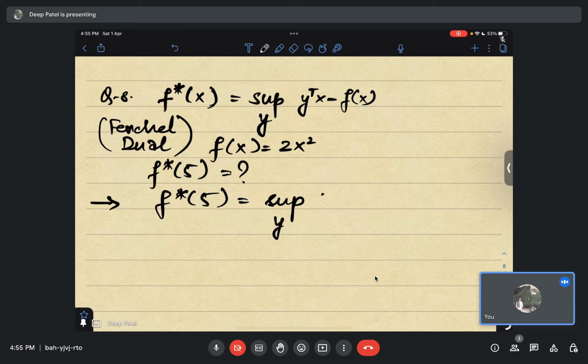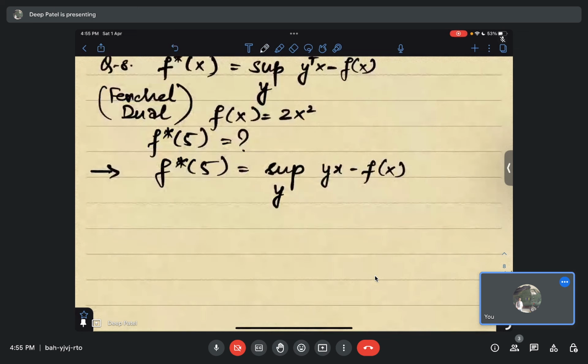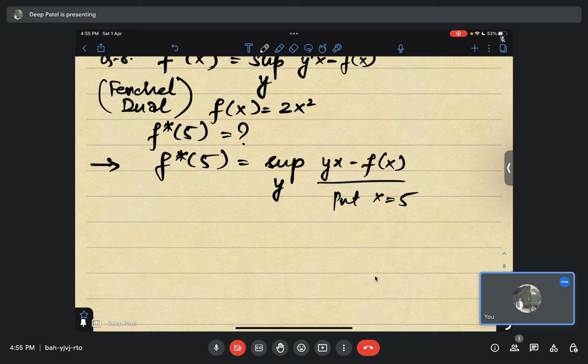Okay, so you have yx minus fx, and here you put x equals to 5. So what do we get? 5y minus, what is it? 5 it's 50.